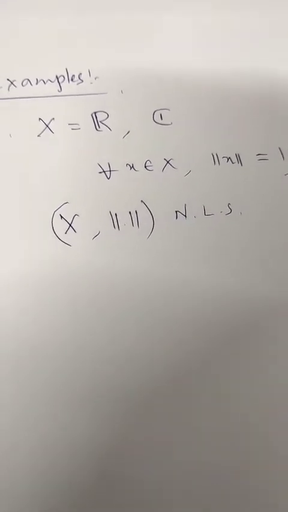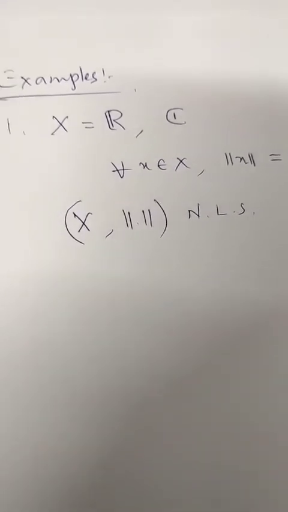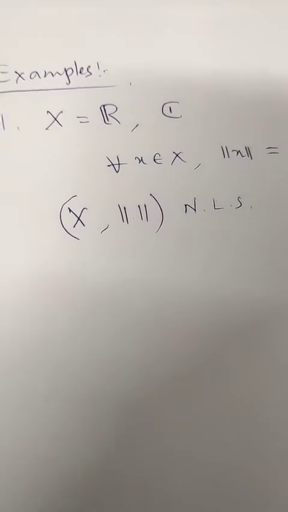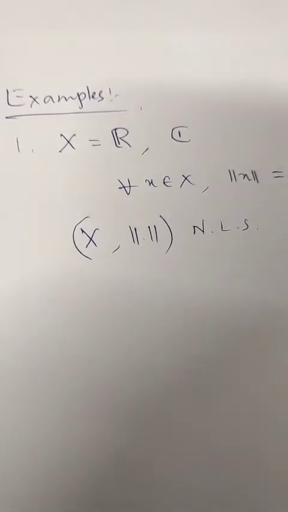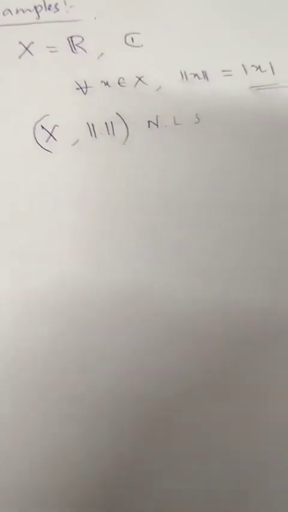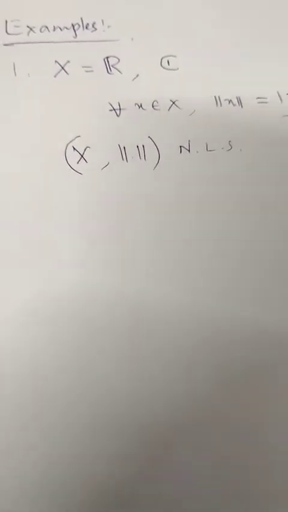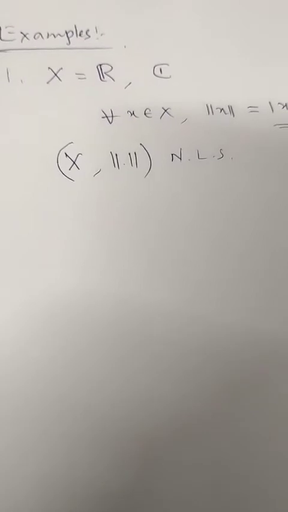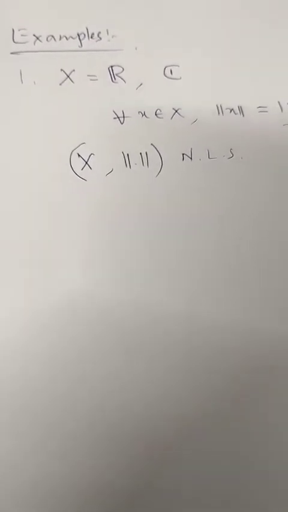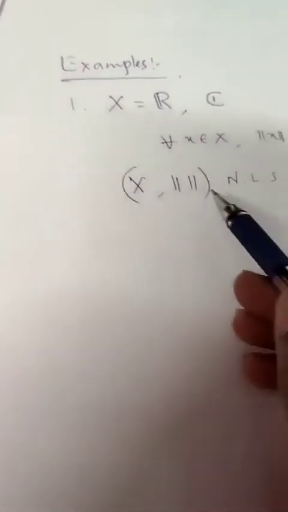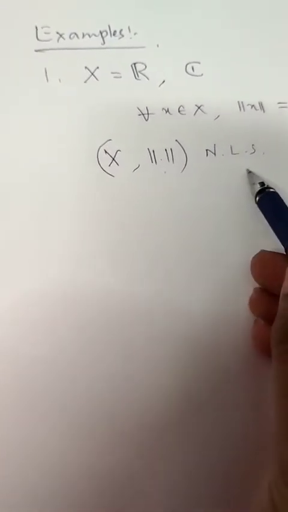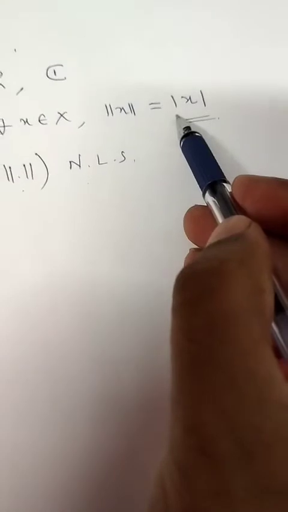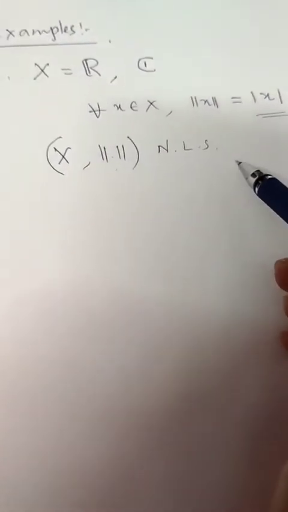Now already you know that the spaces R and C are complete spaces, which you have studied in topology and in your analysis class also. R is a normed linear space and C is a normed linear space with respect to this norm, and they are complete spaces.